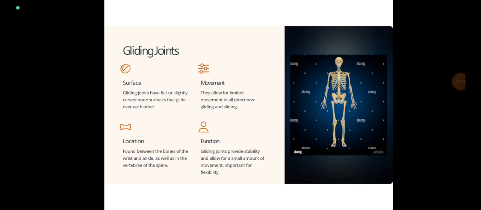Movement: they allow limited movement in all directions, gliding or sliding. The location of the gliding joint: it is found between the bones of the wrist and ankle, as well as in the vertebrae of the spine. The function of the gliding joint: it provides stability and allows a small amount of movement, important for flexibility.